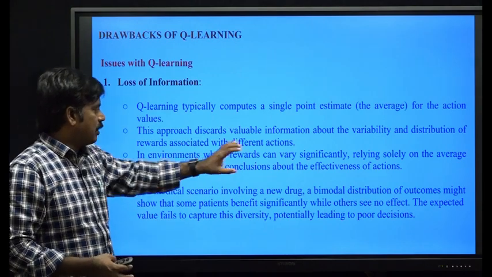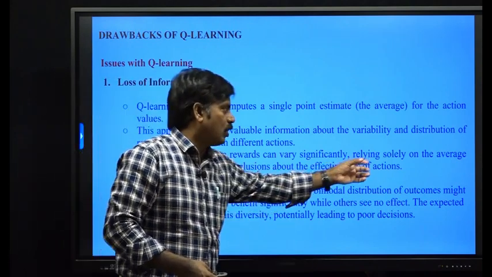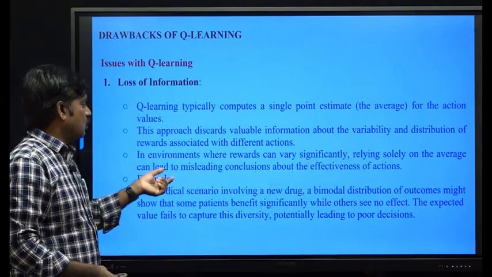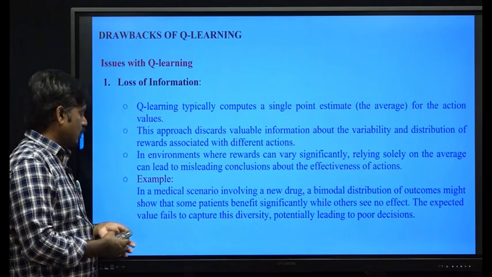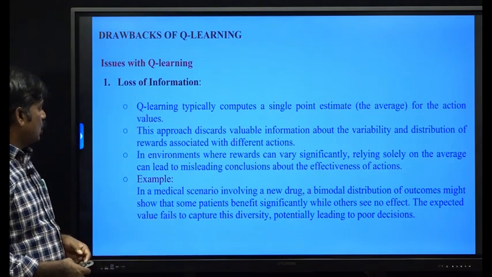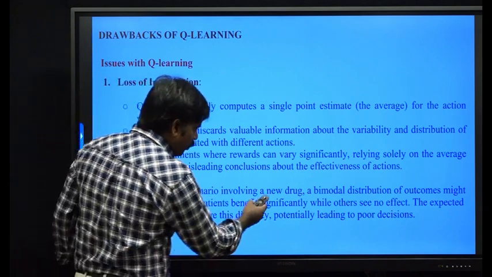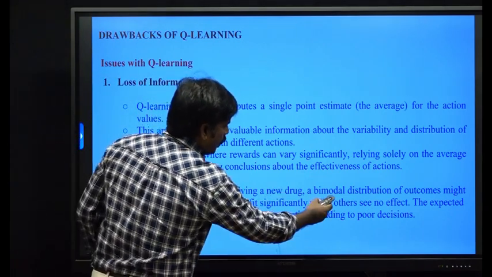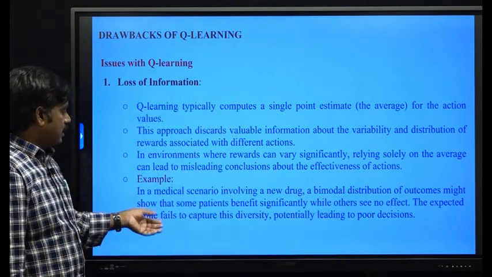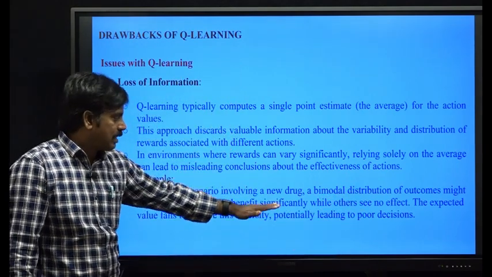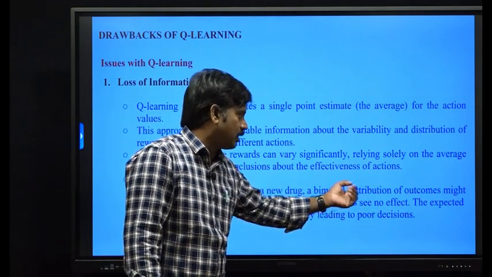In environments where rewards can vary significantly, relying solely on the average can lead to misleading conclusions about the effect of actions. For example, in a medical scenario involving a new drug, a bimodal distribution of the outcomes might show that some patients benefit significantly while others see no effect with the same drug.